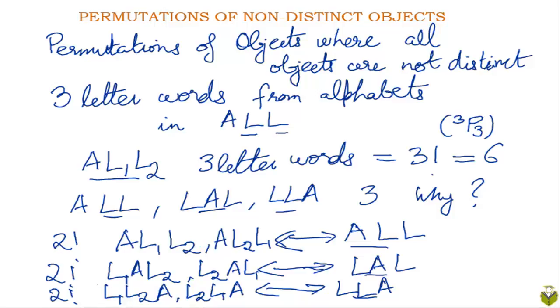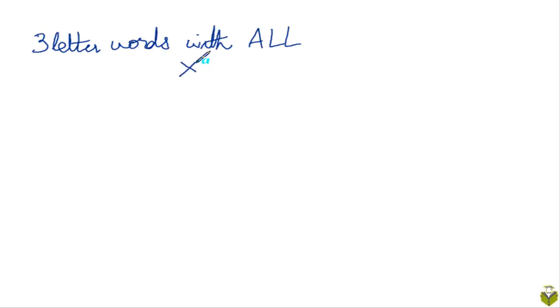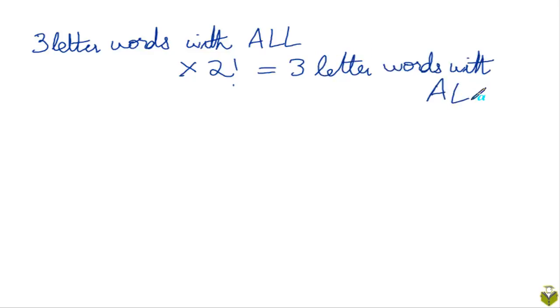So the 3-letter words with ALL times 2 factorial are the 3-letter words with L1 and L2, when all these 3 objects are distinct. So the answer is basically that this is 3 factorial.